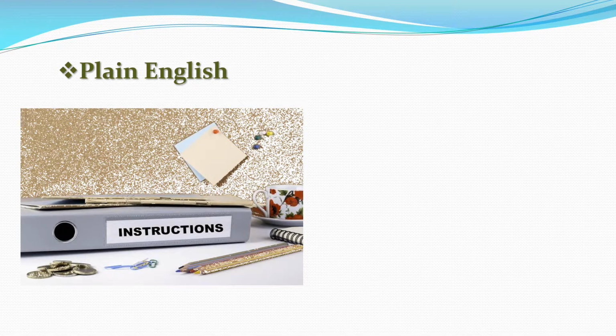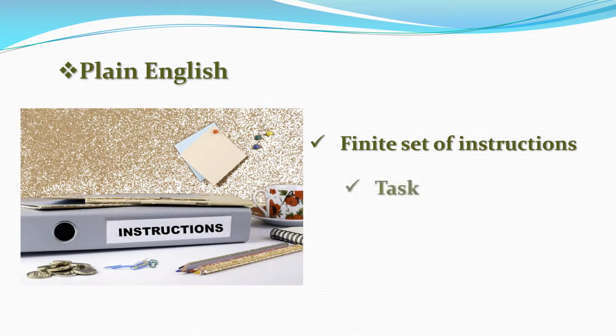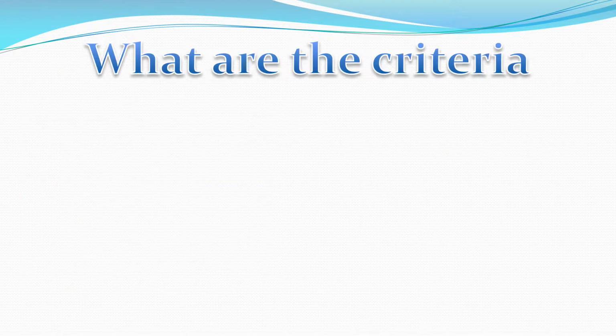So, an algorithm is a finite set of instructions that, if followed, accomplishes a particular task. Also, all algorithms must satisfy the following criteria. So, what are the criteria?